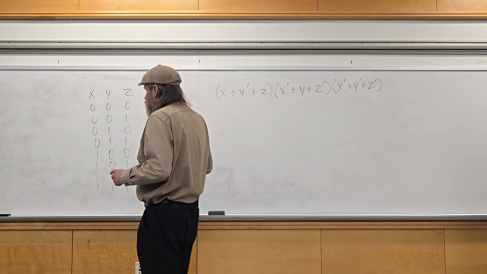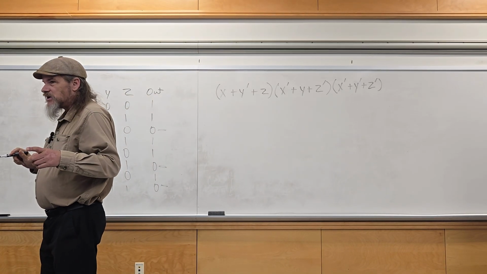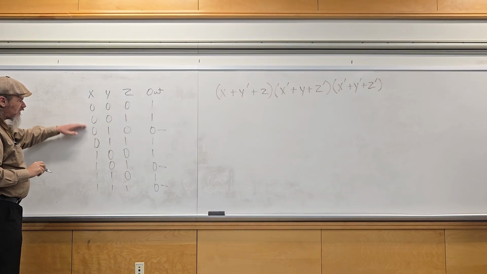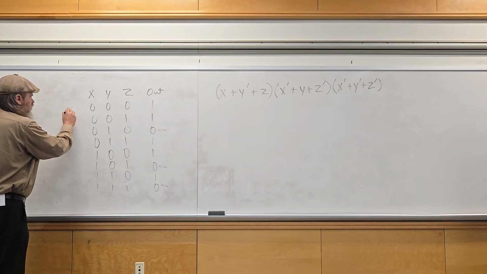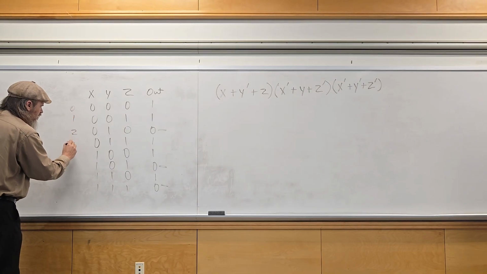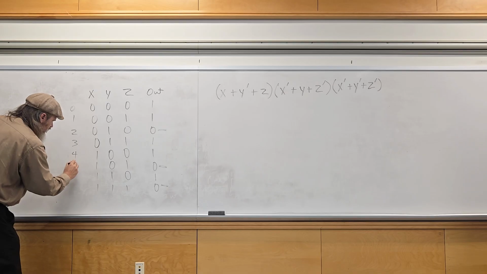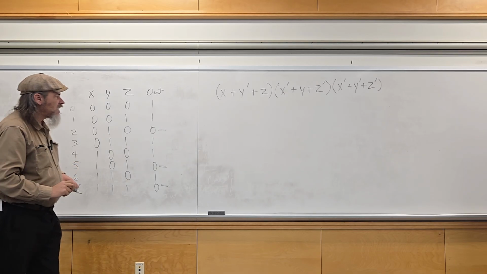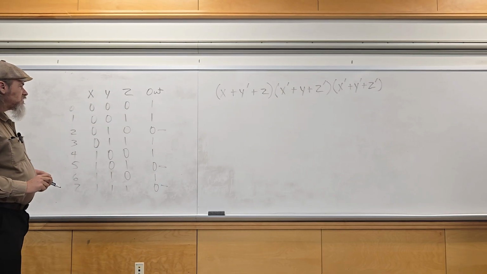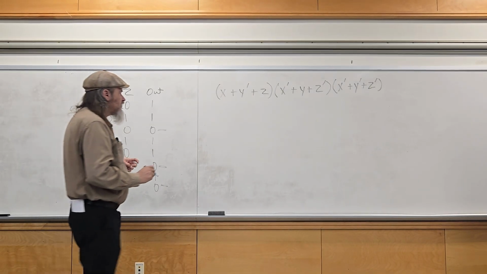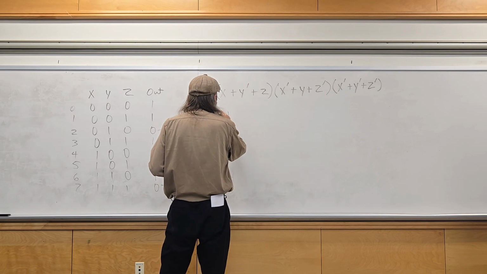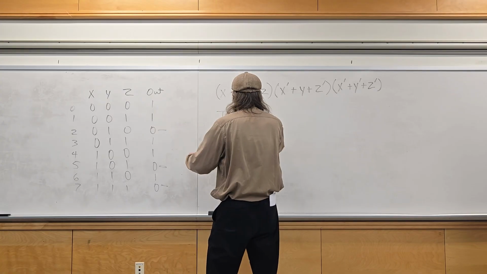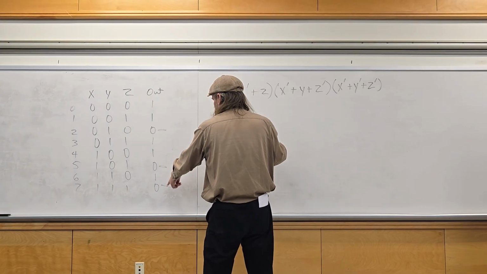Now, the shorthand for this, if you look at the binary value of these numbers. You got 0, 1, 2, 3, 4, 5, 6, 7. You can write this shorthand as capital Pi, 2, 5, 7.